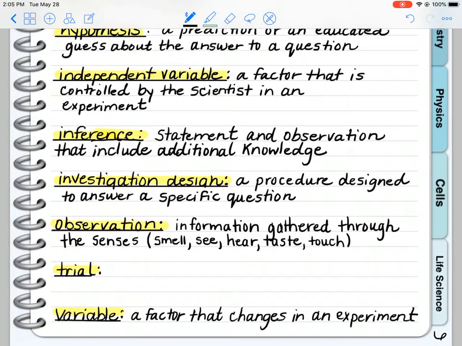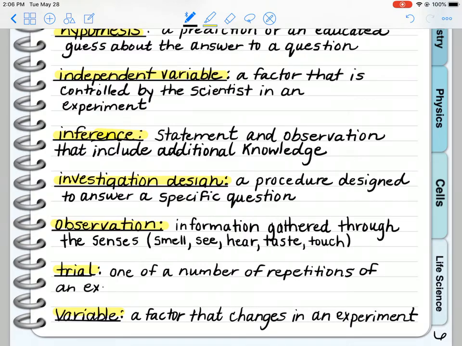Okay, the word trial. A trial is one of a number of repetitions of an experiment. So maybe I find that in my particular experiment, it does seem to be supported that the diet soda group loses weight.